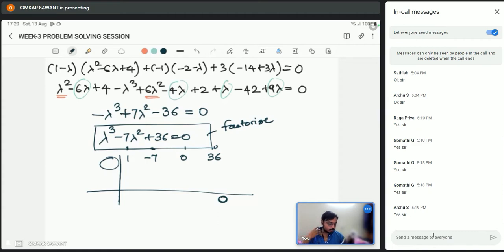We take 2, say we take 2. Will 2 work? 2 will not work, right? Is this equation correct, first of all? Before even factorizing, is this equation correct?